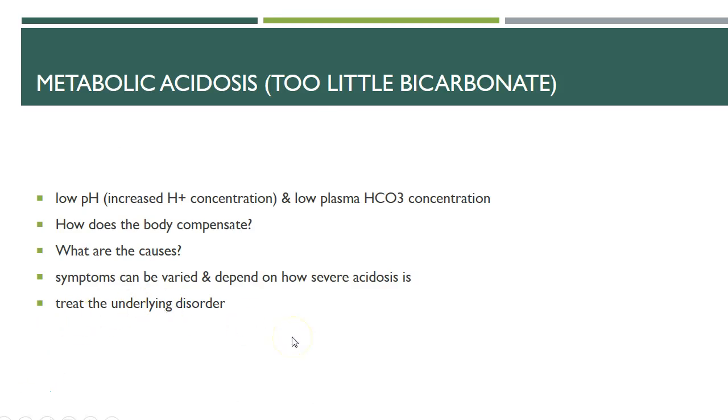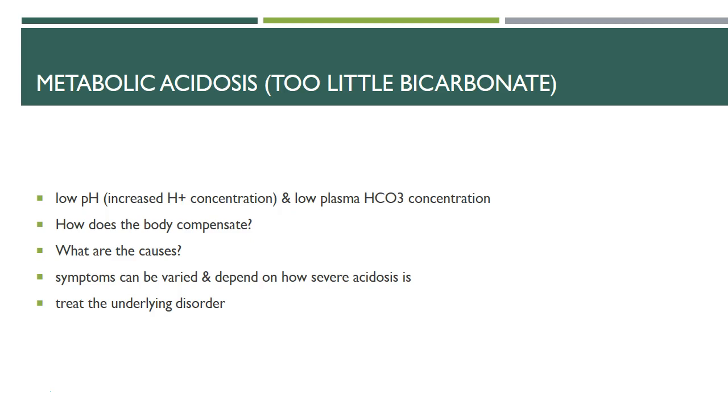So remember, metabolic acidosis is a low pH and a low plasma bicarb concentration. The body compensates by Kussmaul respirations, which is a deep, labored hyperventilation state. You have two main causes.